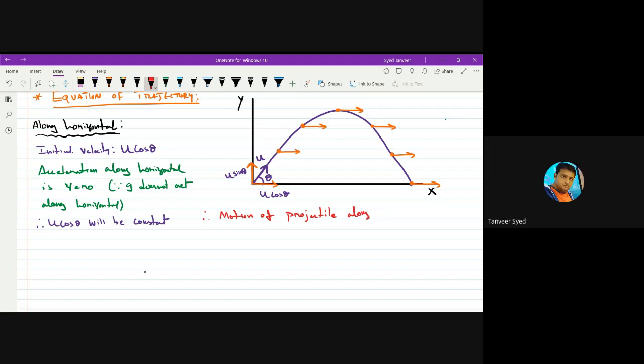We have studied only half of it. The remaining half is there. Okay, sir. Motion of projectile along horizontal is uniform motion, because velocity is constant. It's uniform motion along horizontal direction. Okay, right, fine. Now let us study this in vertical direction.